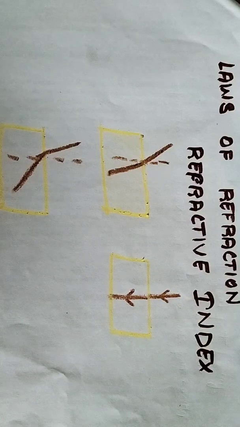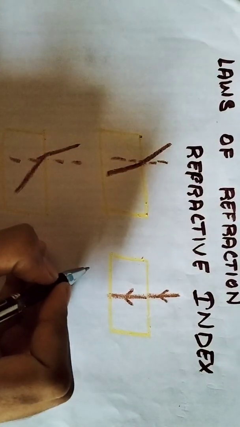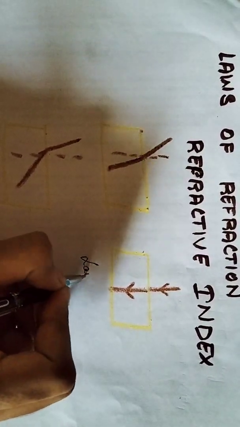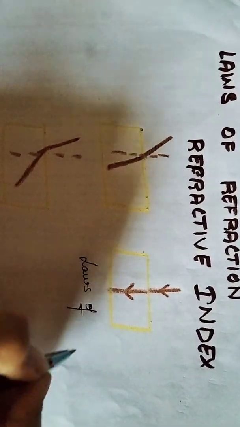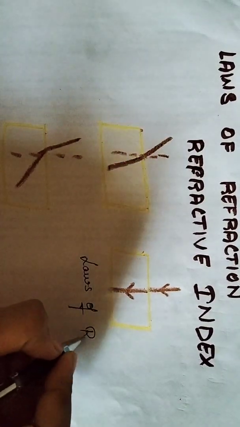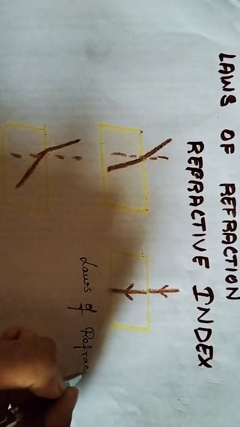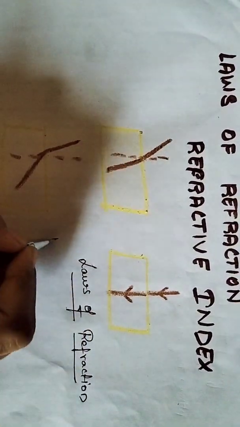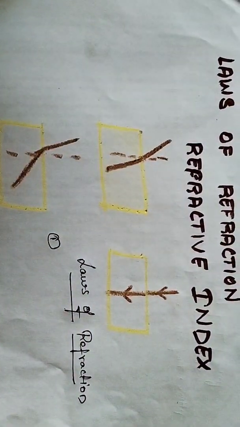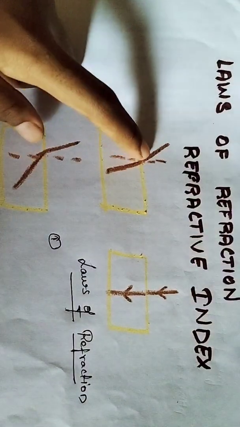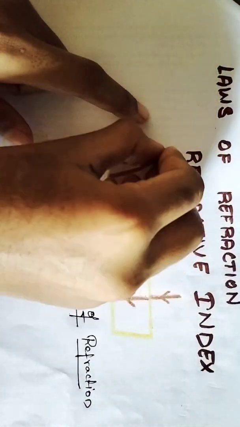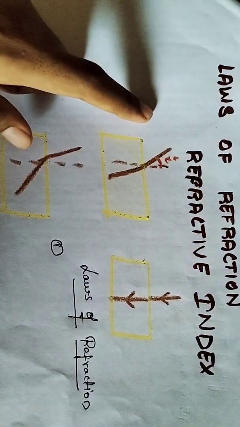First law: we have the incident ray. The angle between the normal and the incident ray is the incident angle.